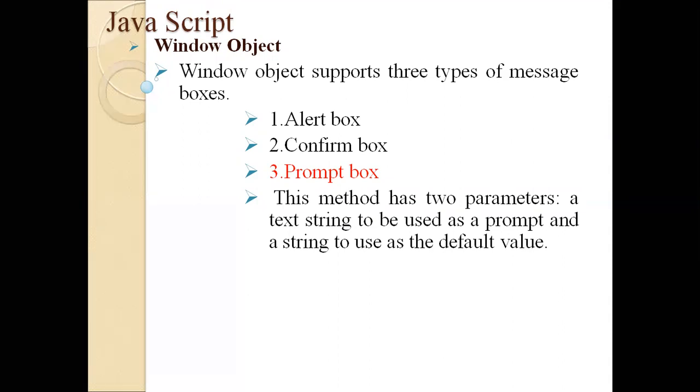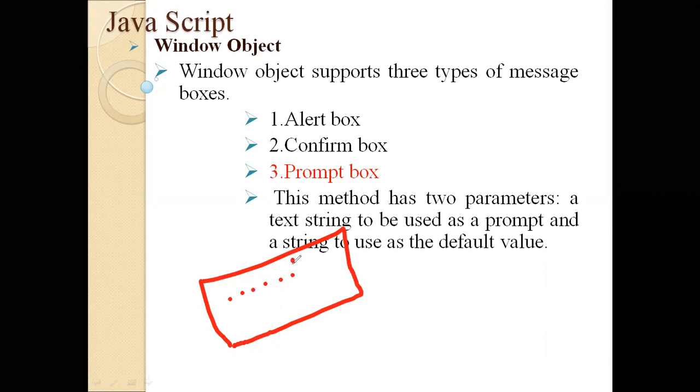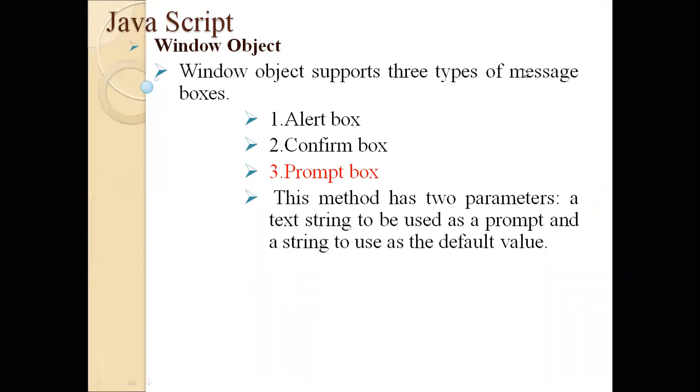As said earlier, the prompt box will look like a rectangular box which will have some text. This text should be passed as the first parameter for this prompt method, and the second will be a string to use as the default value. So in order to use the default value, we pass the second parameter. Let us see the next one.